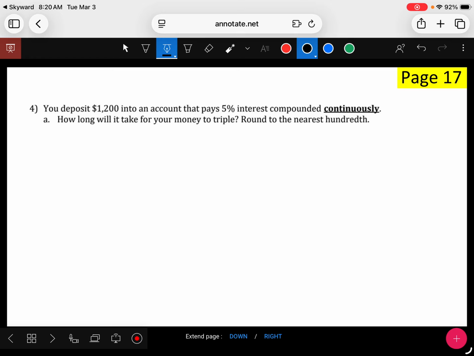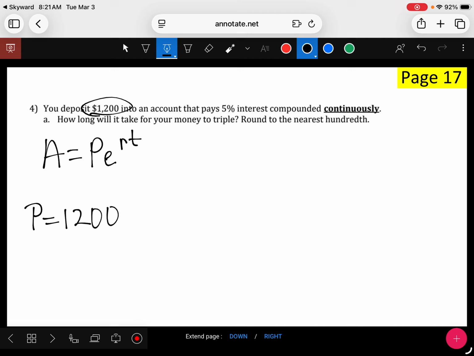Number 4. It says you deposit 1,200. So again, it says continuously. So this is my formula. So I deposited 1,200. So that's my starting amount. Now it's paying 5%.